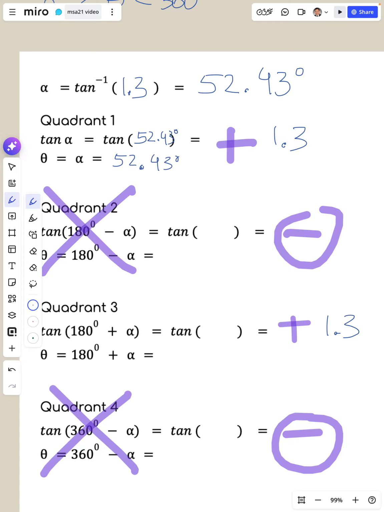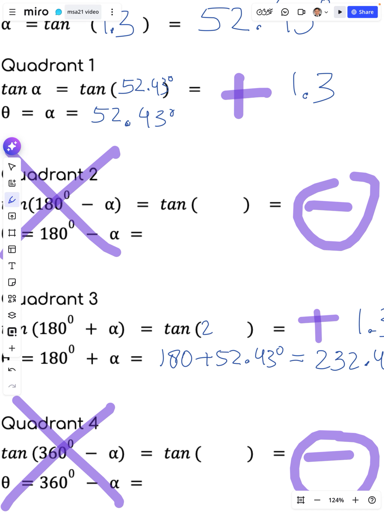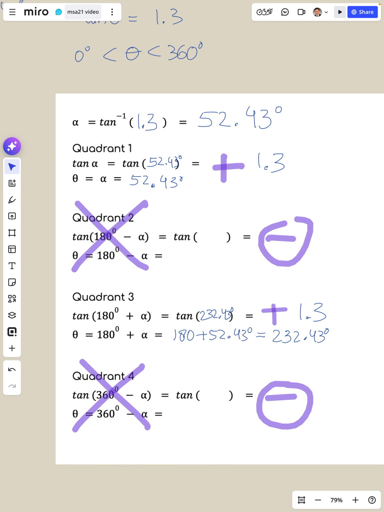If you add 180, so we put it here, 180 plus 52.43, and how much is that? It is going to be 232.43 degrees. Then we put it inside here, 232.43 degrees. So that's the other answer.